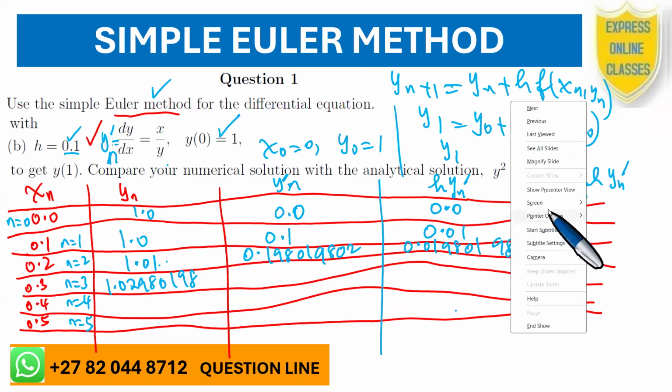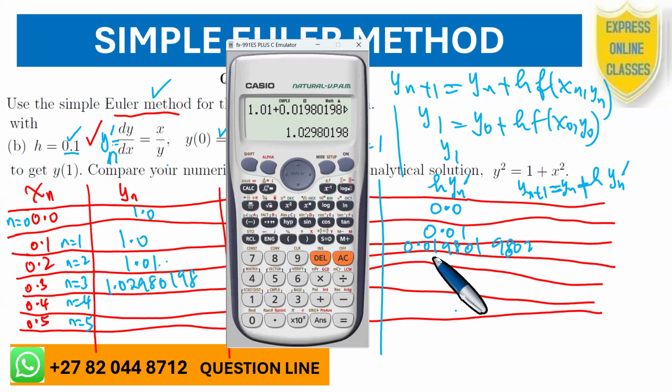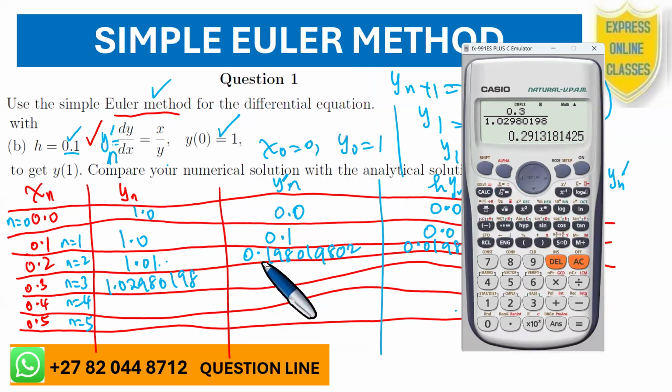Okay, so let's check. The result is 0.291 and so on.